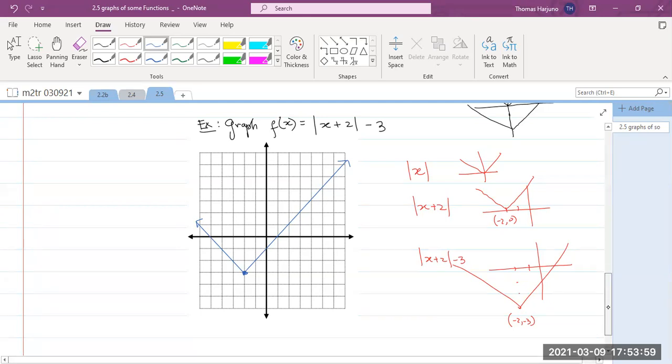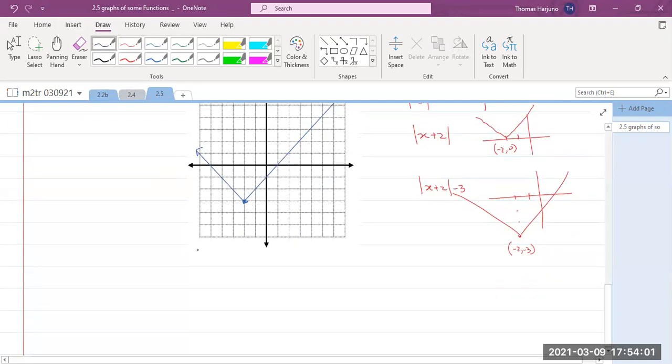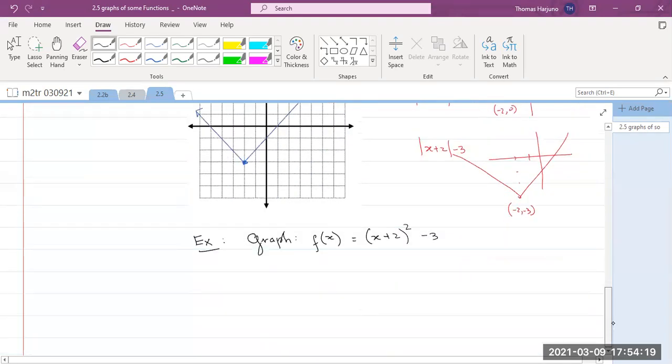Now, how about if I change that function instead of absolute of x? Let's change that function to be graph f(x) equals (x plus 2) squared minus 3. So the basic function is x squared.